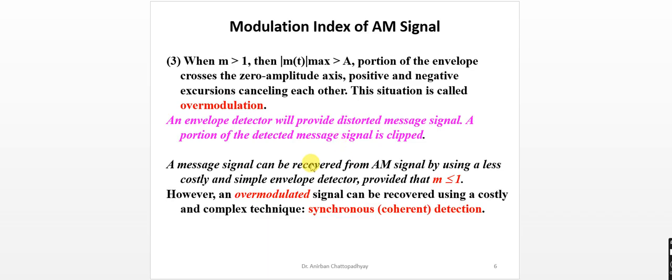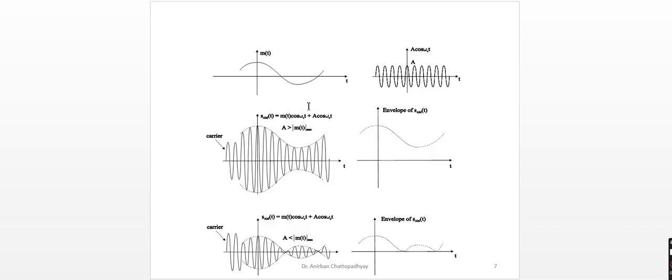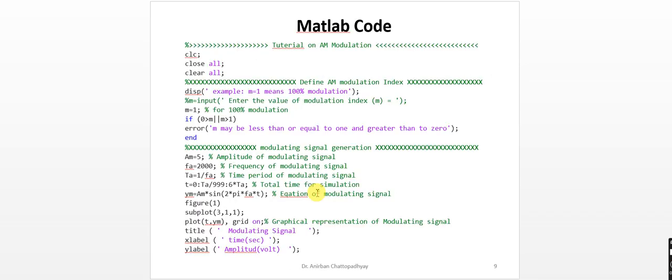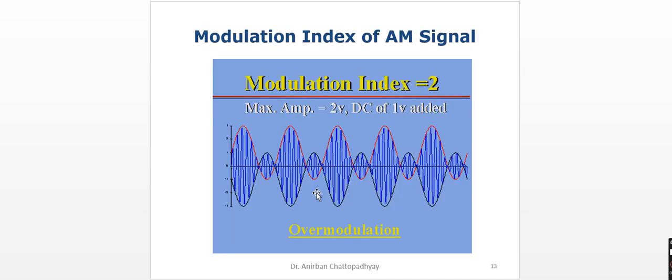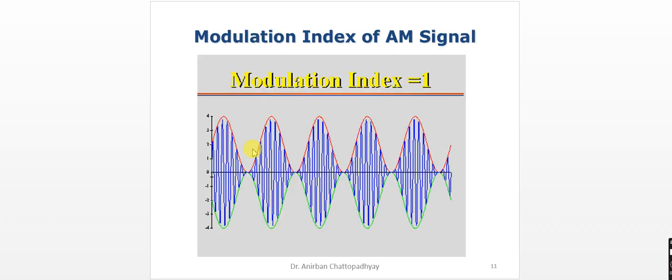When overmodulation happens, always remember, the envelope detector cannot extract my original message signal back. If modulation index is greater than 1, this thing will happen. This is the cross of overmodulation, where the distortion is happening. This is the distortion section.